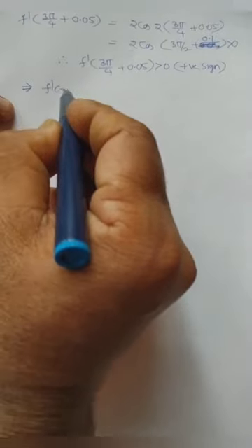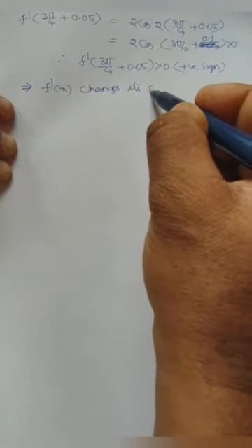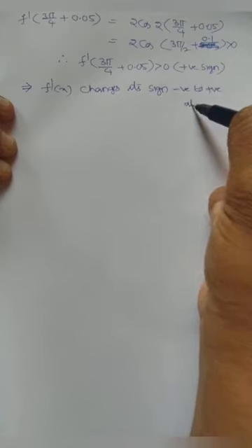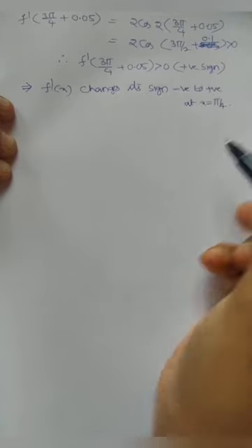It implies f dash of x changes its sign from negative to positive at x equals 3 pi by 4.